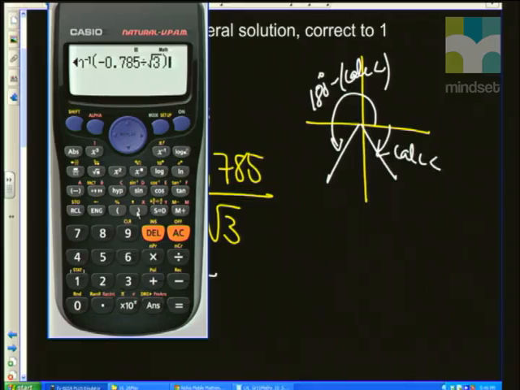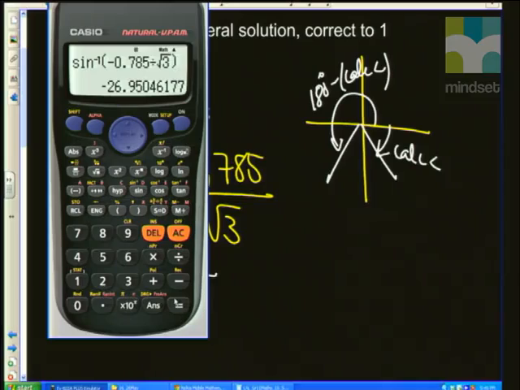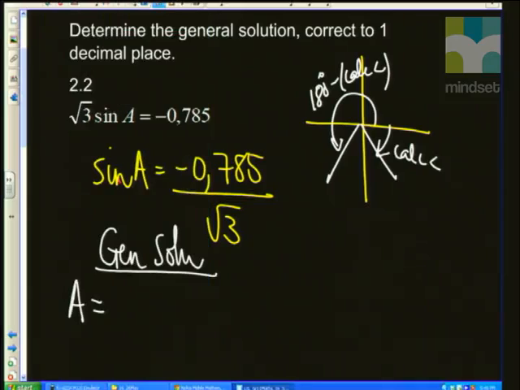And what are we expecting to get? It's the same ratio as before, but it's negative. So we're not going to get 27 degrees, we're now going to get, awesome, negative 27 degrees. So negative 26,95, which we've rounded off to negative 27, so it's negative 27,0.